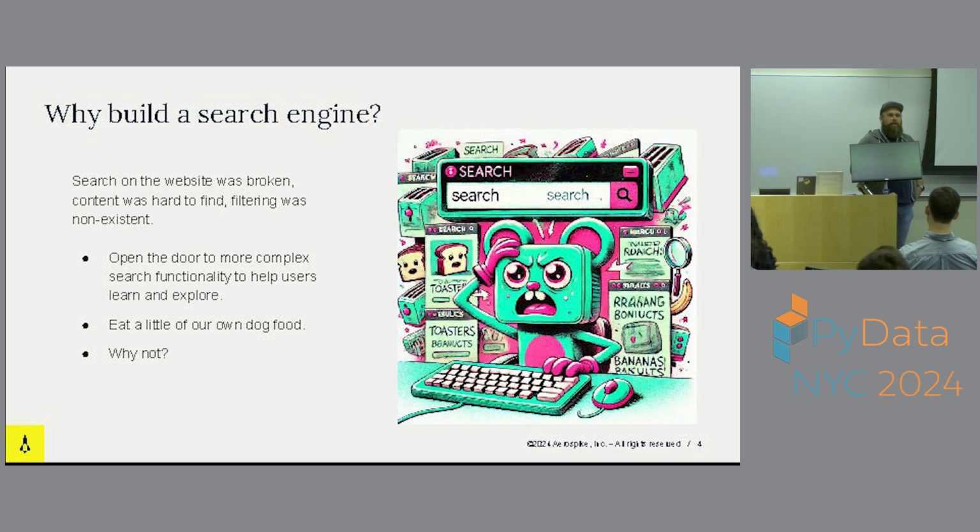So we started looking into how we could do this, especially because we have this new vector search. And then we started looking at the bigger picture. This opens the door to more complex search functionality, better ways to surface content and information to users of Aerospike. And then we are not super great at eating our own dog food, right?